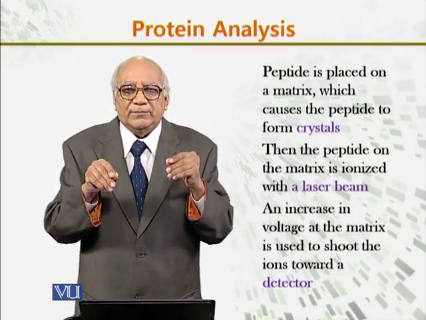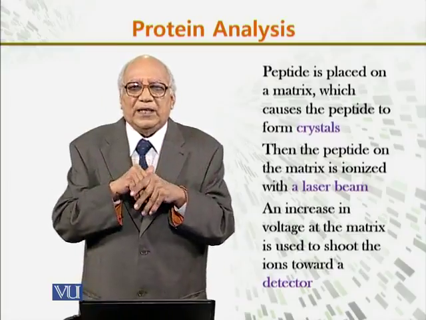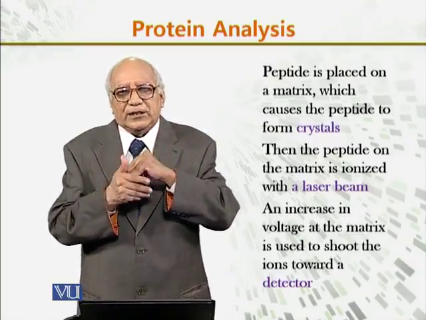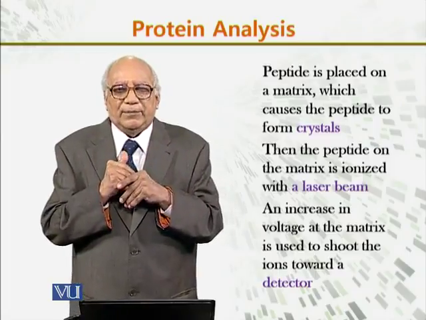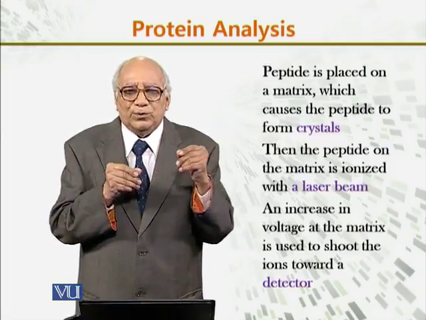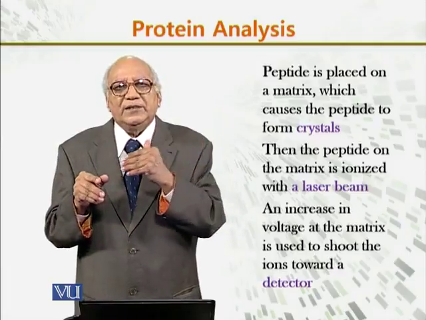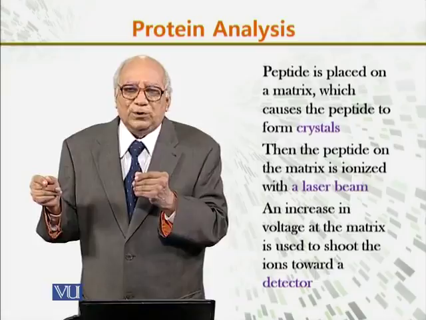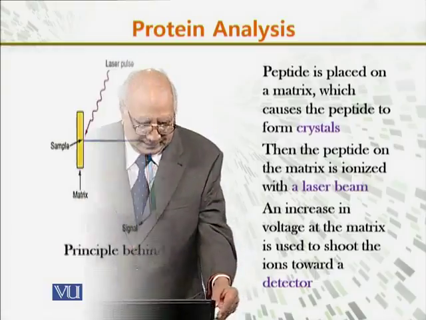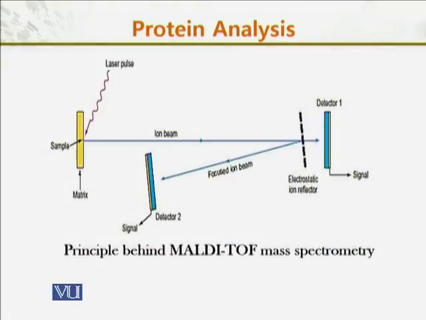An increase in voltage at the matrix is used to shoot the ions toward a detector. There is a detector, and those ions shoot onto that detector. For example, in this picture, you can see that there is a sample. It is put on a matrix.